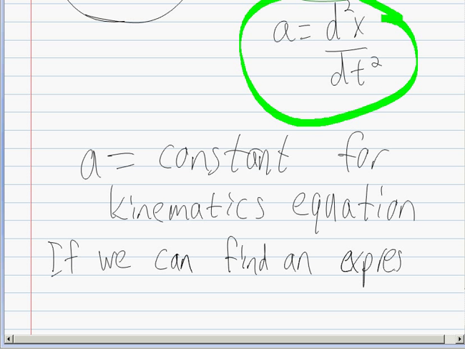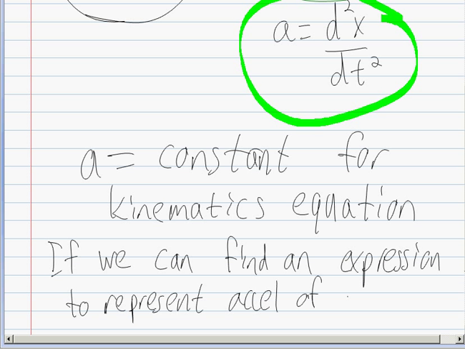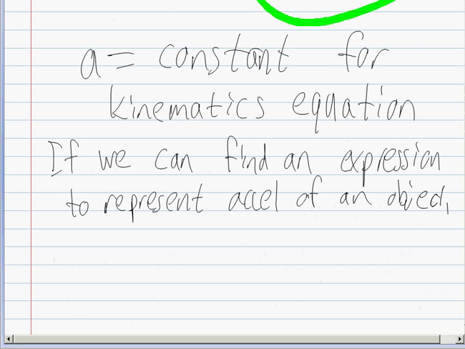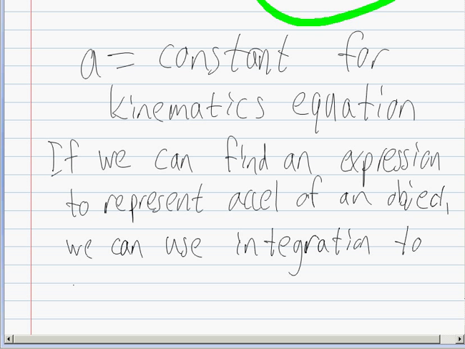in other words, we're going to represent the acceleration of an object, we can work backwards and we can use integration to determine velocity and position.